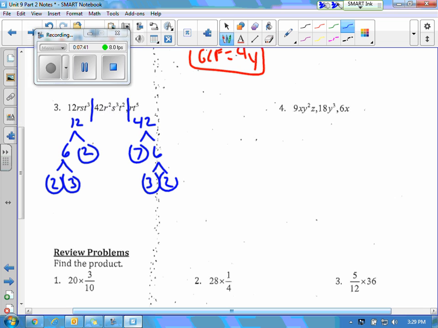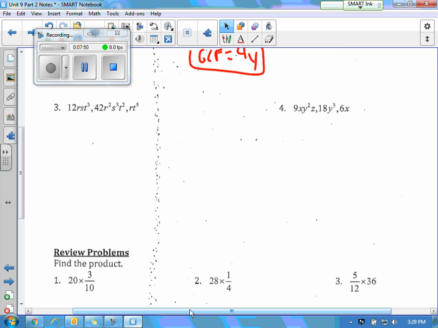So in retrospect, I really didn't need to factor these down because they're not going to have anything in common if there's no number part to them. So what I can do is just write out r, s, and t to the third, r squared, s to the third, t to the second, and r, t to the fifth.